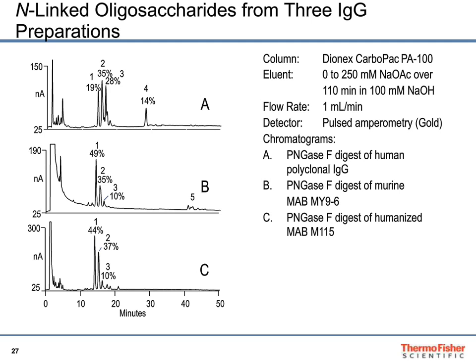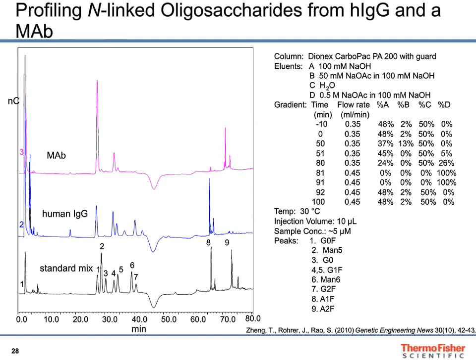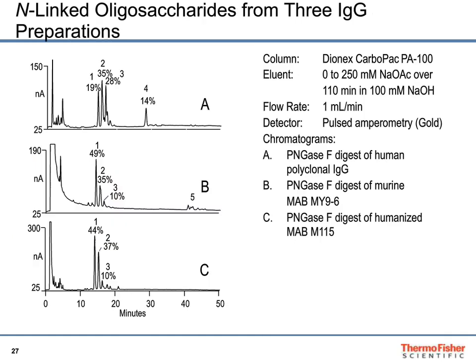In this case, we improved upon that separation. So if I go back to the previous slide, I'll note that the peaks that are between 10 and 20 minutes aren't fully resolved. There's some other peaks that are not separated in there. We can see that by the peak shape and the number of peaks there.